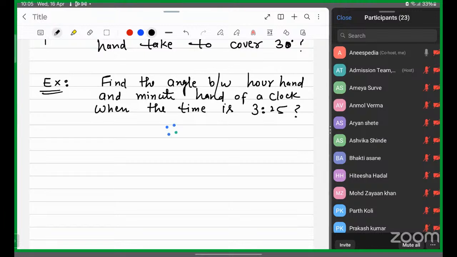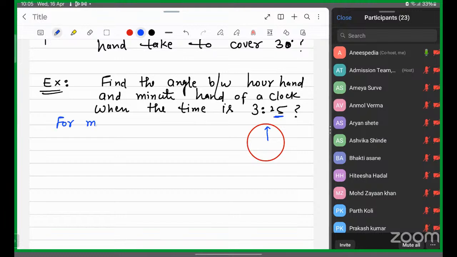To find such types of questions, you have to find the angle traveled by the hour hand and the angle traveled by the minute hand. If it is 3 complete, then the minute hand will be somewhere here, and it will travel the angle in the next 25 minutes.